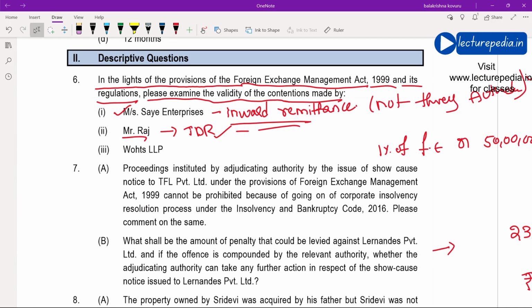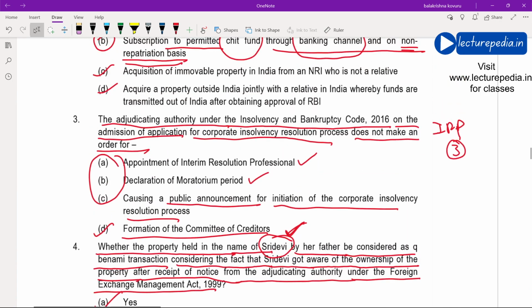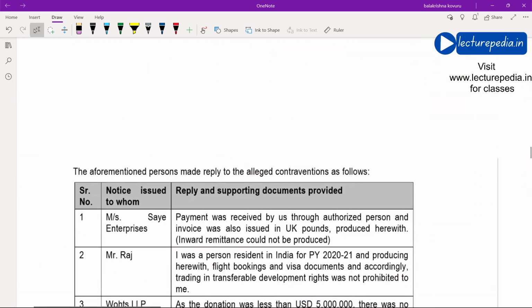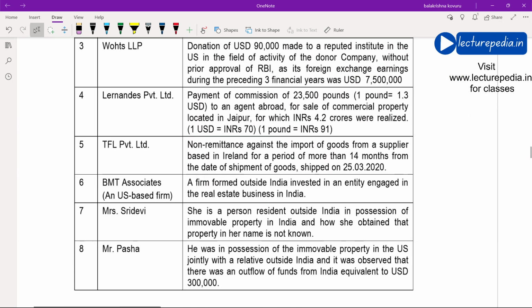Next, the contention made by Votes LLP. First of all, what is the offense committed by Votes LLP? Let us see in the case study.